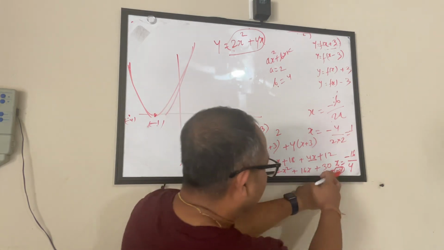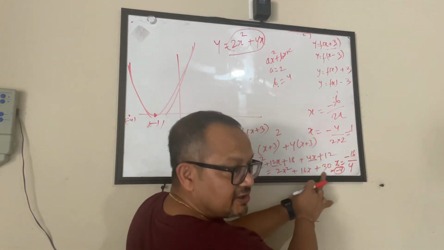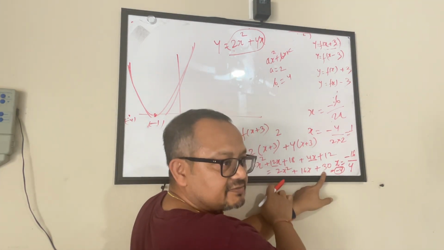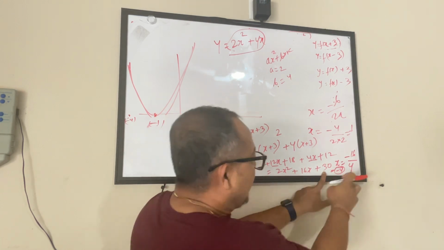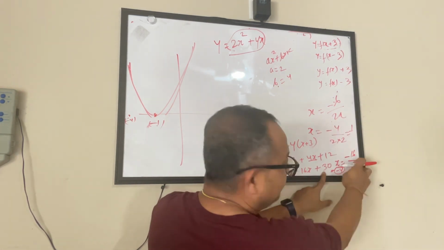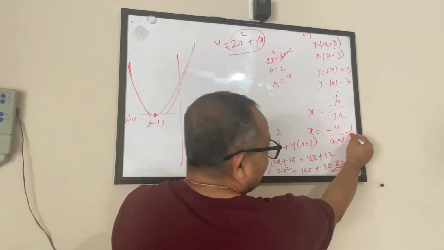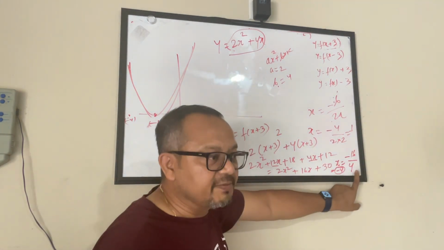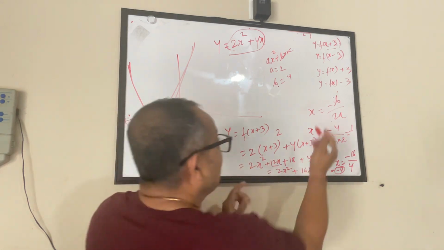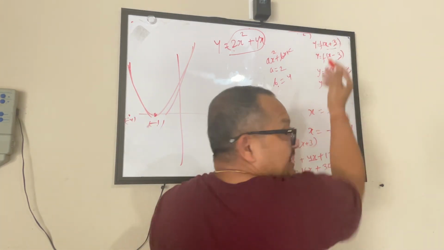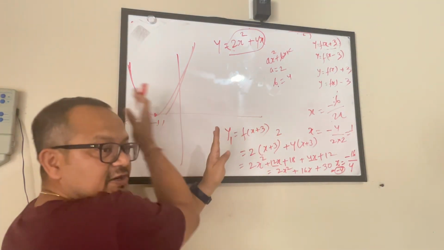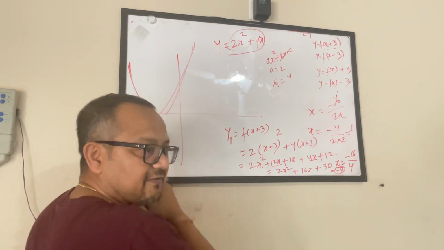Again I found the vertex using the same formula, minus b by 2a, as minus 4. So earlier my x coordinate was minus 1, now it became minus 4.